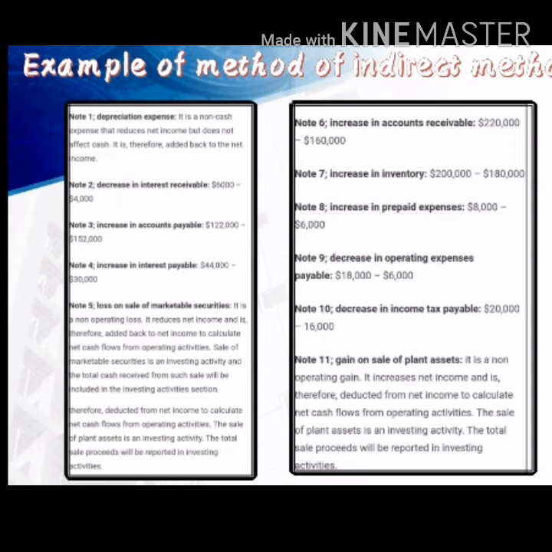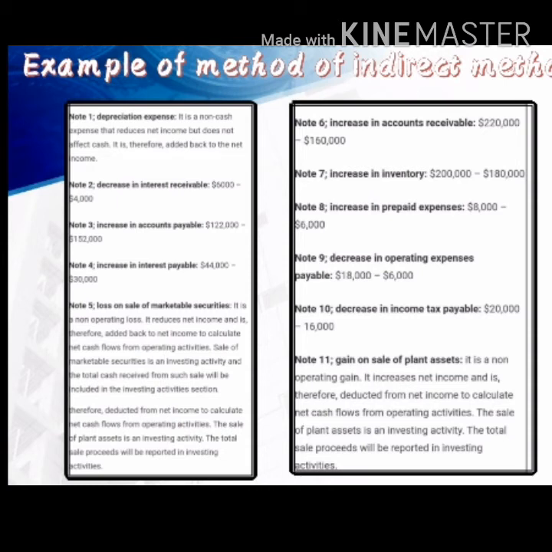And number 6, the increase in accounts receivable. Here, the increase in accounts receivable is under the current assets on the balance sheet of the XYZ company. So we should calculate the ending balance of the accounts receivable, which is $220,000, minus the beginning balance of the accounts receivable, which is $160,000.